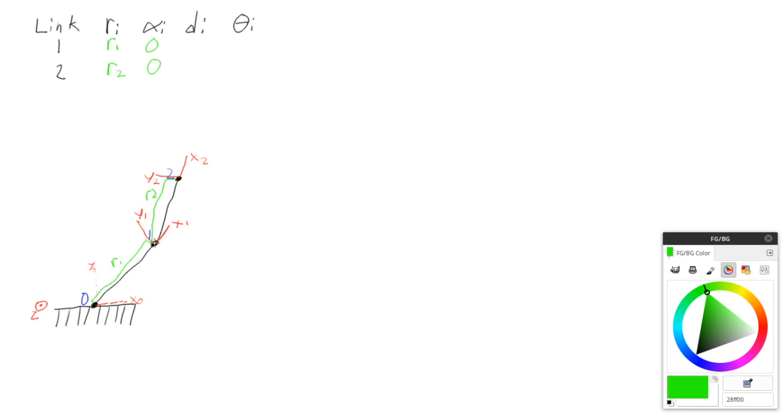So if this joint was an L shape, we would have a value there. But in this case, we don't. Okay, so this is 0 and a 0. And then our theta values, we just know from kind of doing this problem before that this is theta 1, then this is theta 2.